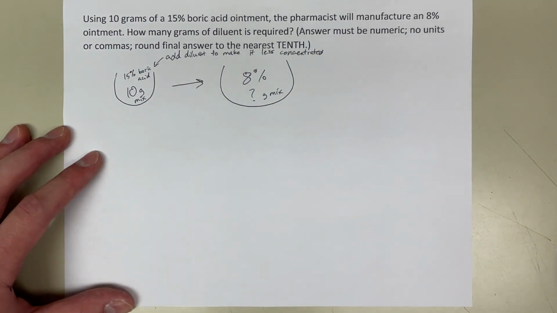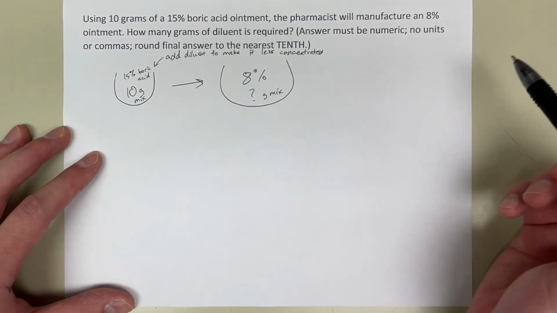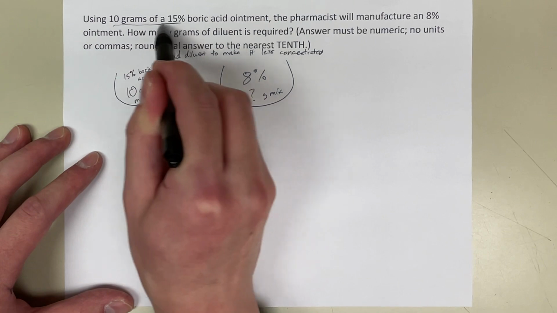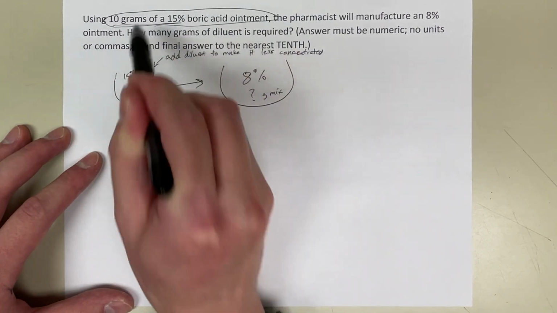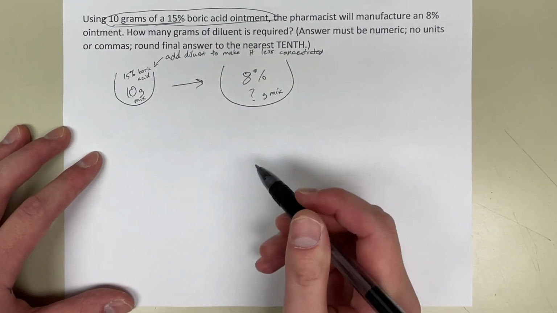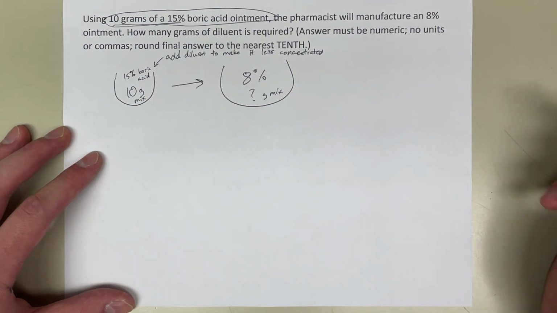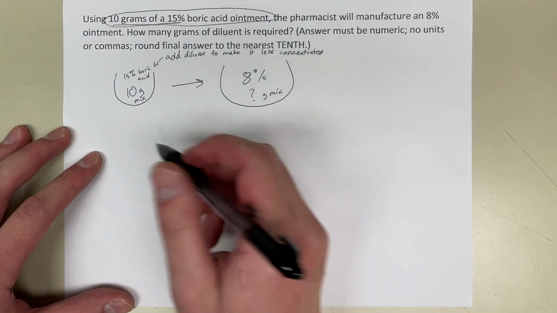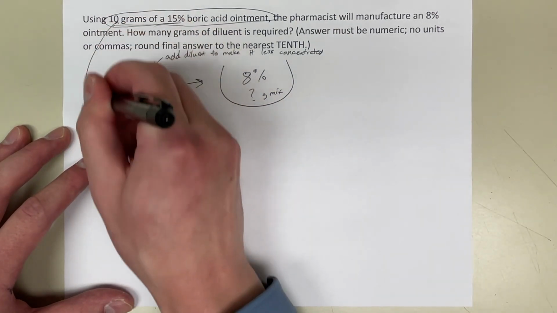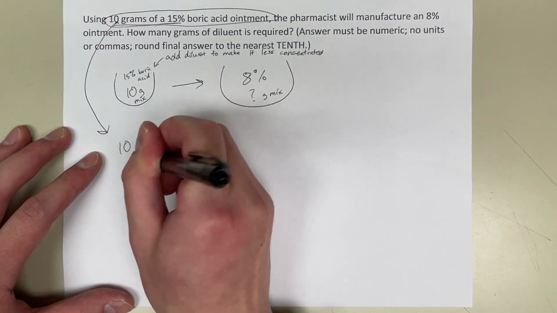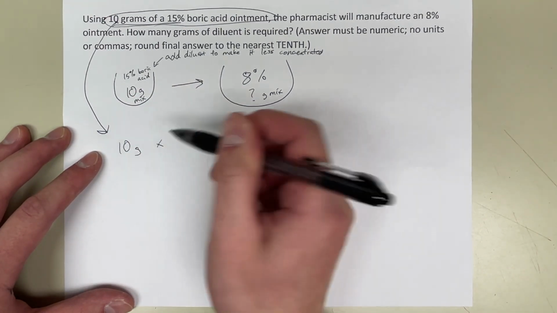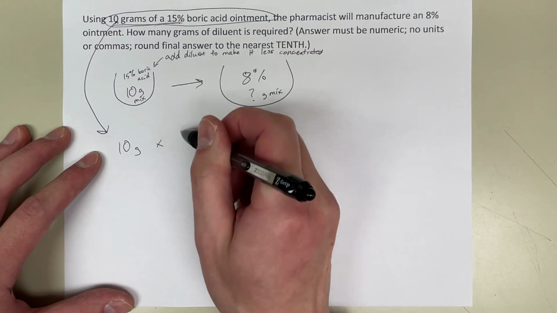So the first thing you're going to do is find out how much drug is actually in these 10 grams of 15% boric acid ointment. So I'm going to put 10 grams, and multiply that by the percent strength.